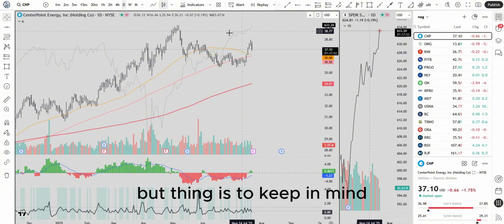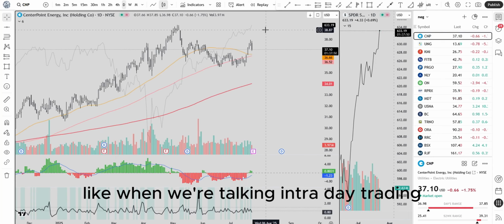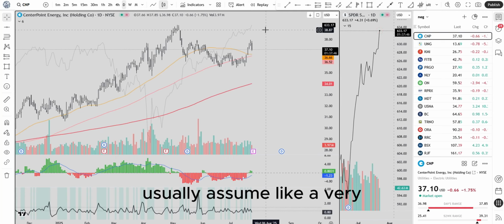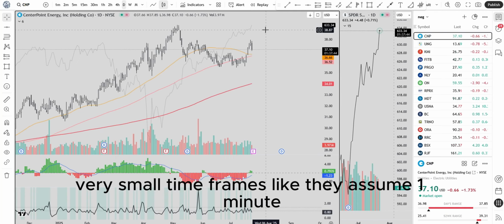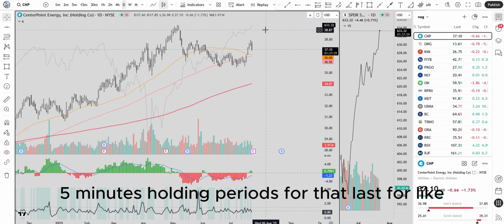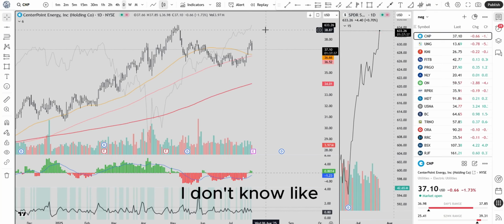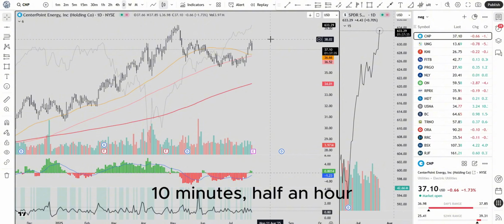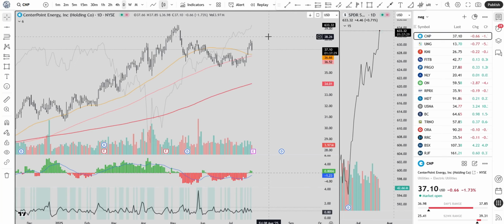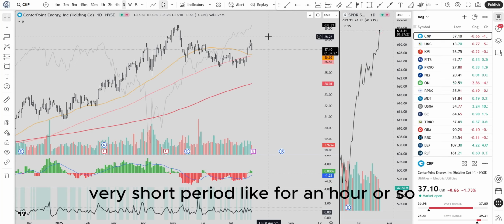But the thing to keep in mind is that when we're talking intraday trading, people for some unknown reason usually assume very small time frames, like 1 minute, 2 minute, 5 minute holding periods that last for, I don't know, 10 minutes, half an hour. We do have trades which you take for a very short period, like an hour or so.